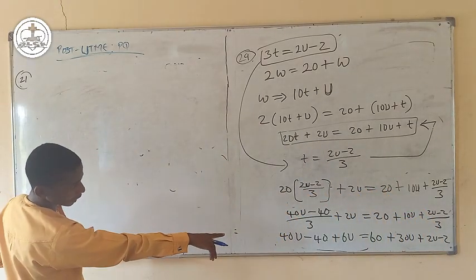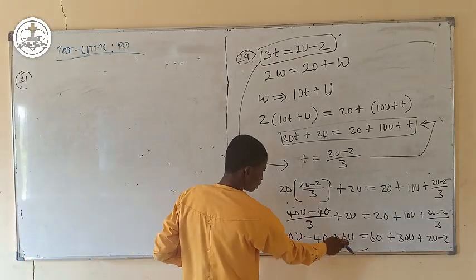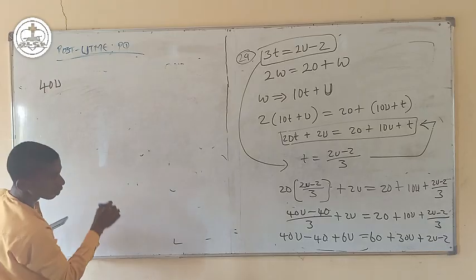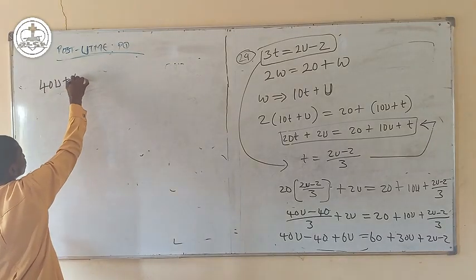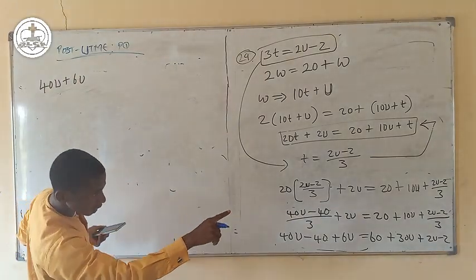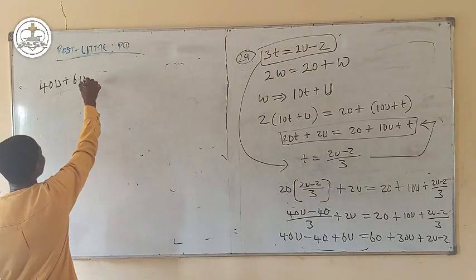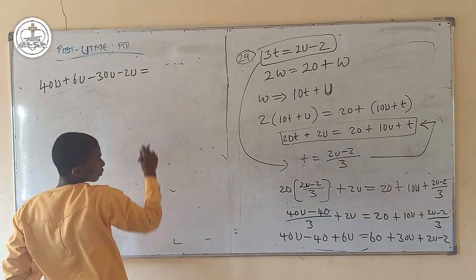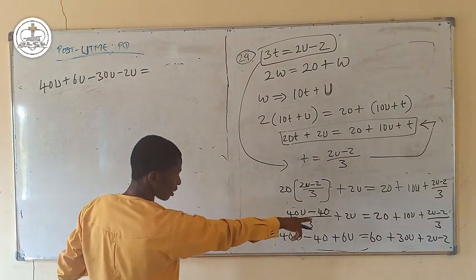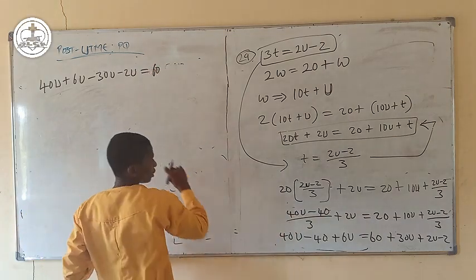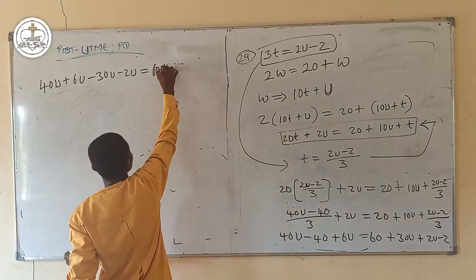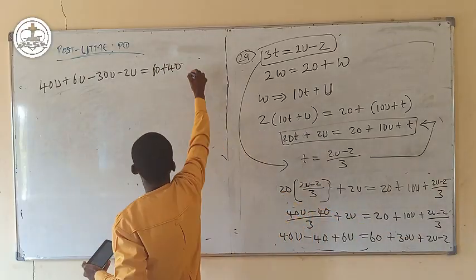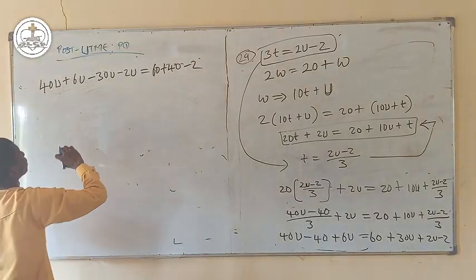This is going to be collecting like terms: we have 40u plus 6u, and from the other side 30u and 2u, so it will be minus 30u minus 2u, and it's equal to 60. Taking minus 40 to the other side, plus 40, and we have minus 2 there.